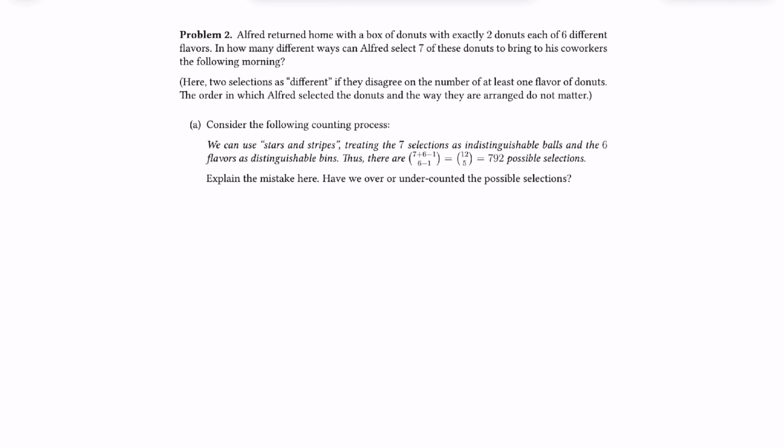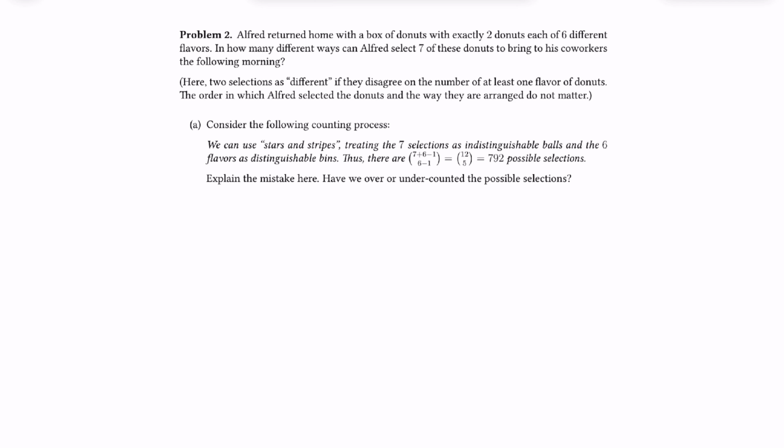Let's consider this proposed solution. We can use stars and stripes, treating the 7 selections as indistinguishable balls and the 6 flavors as distinguishable bins. Thus there are 7 plus 6 minus 1, choose 6 minus 1 equals 12 choose 5 equals 792 possible selections.